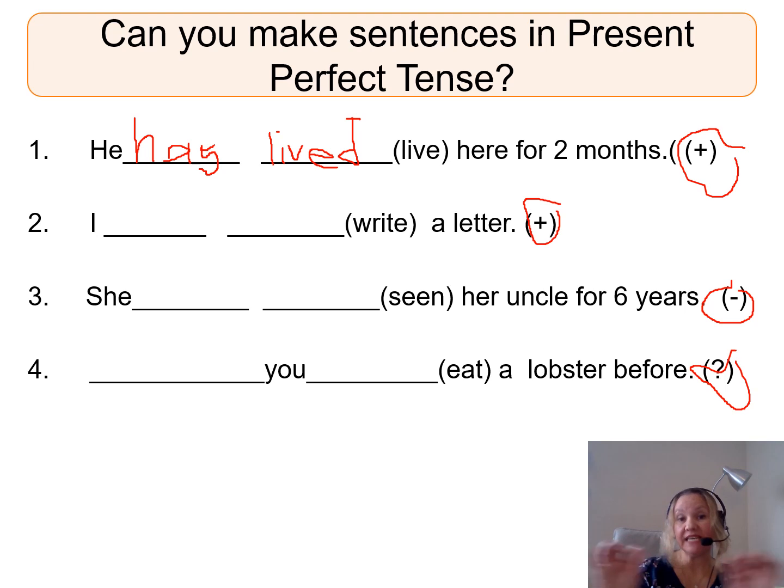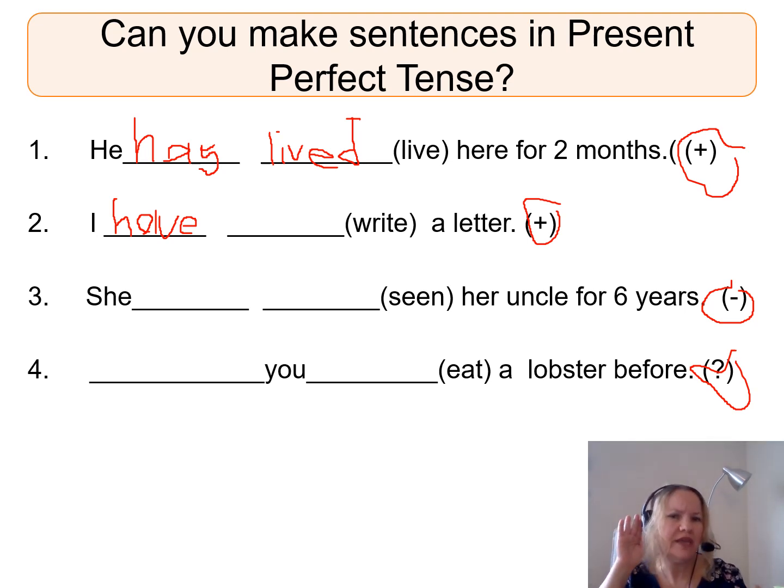What about number 2? Again, a positive sentence. I write a letter. Positive. You can pause the video. Is it I have or I has? That's right. We talked about it just a minute ago. I have. What about write?